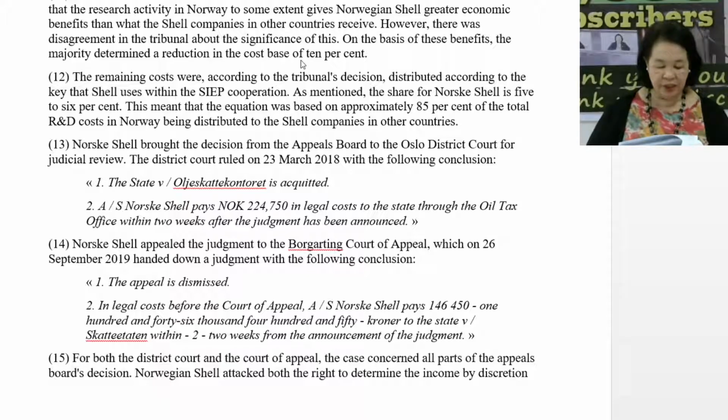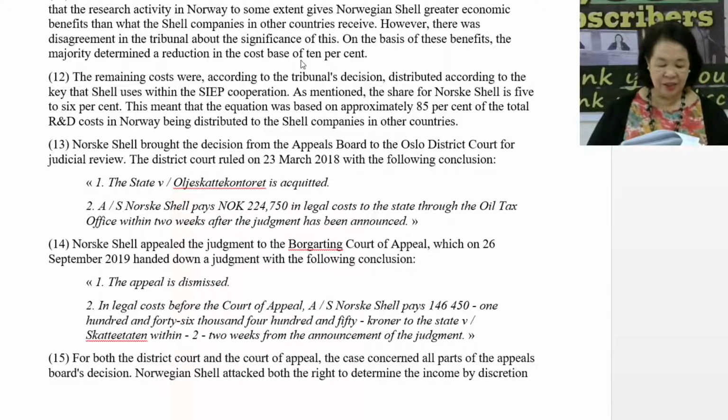So, is Norske Shell, sa pagdating na nila doon sa Oslo District Court, the state is acquitted, no? So, the Norske Shell pays, talo yung Norske Shell pays, Norwegian krone 224,750 in legal cost to the state through the Oil Tax Office within 2 weeks after the judgment has been announced, no?